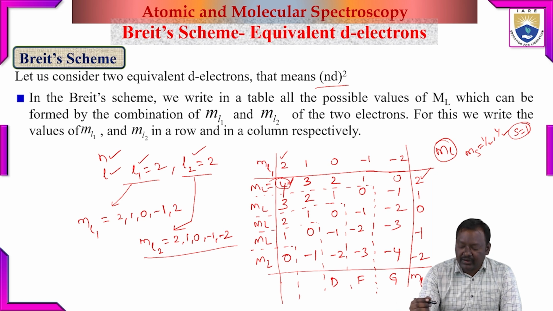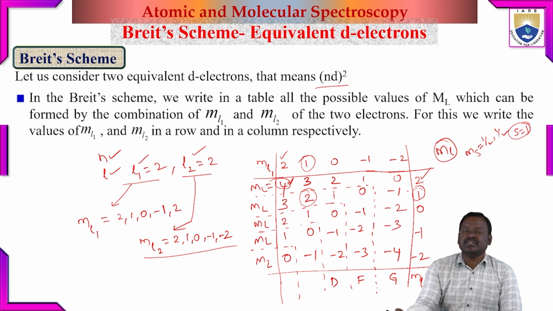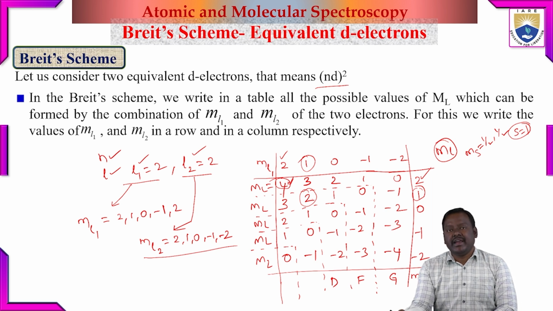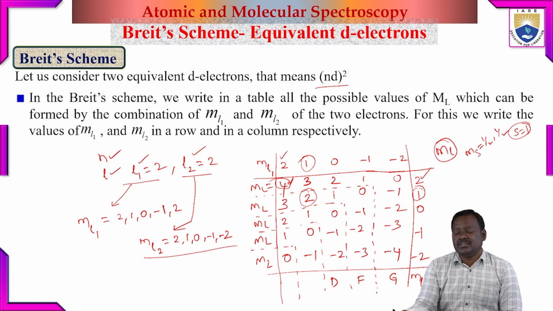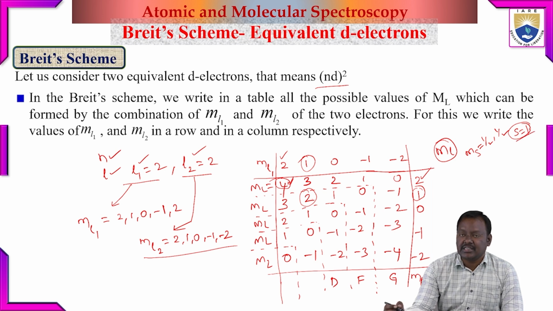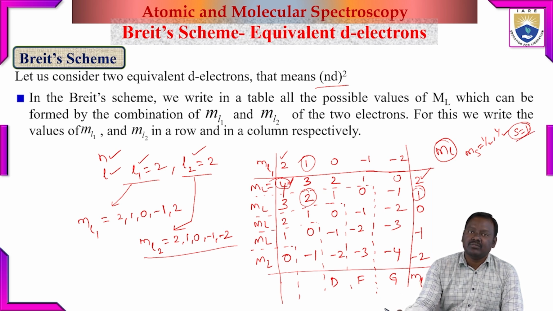Not only this value, even this value we are obtaining when ml value is 1 for the first electron and ml value is 1 for the second electron. That means ml values are the same for the two electrons having s equal to 1. So all ml and ms values will be the same, which is not accepted according to Pauli's exclusion principle.